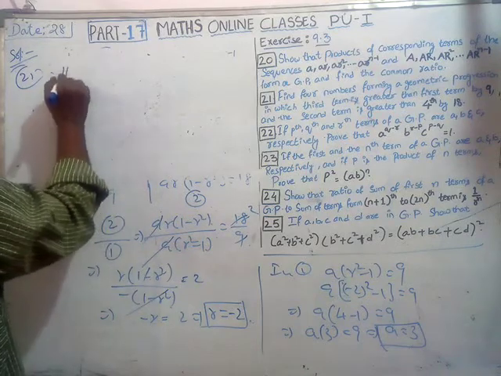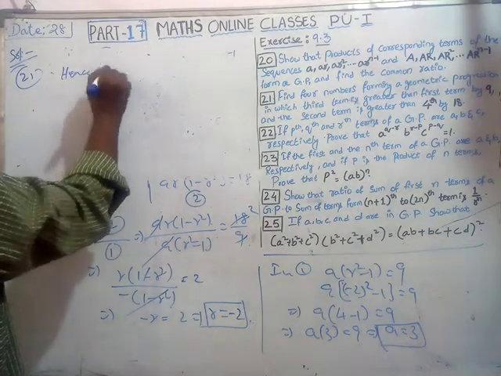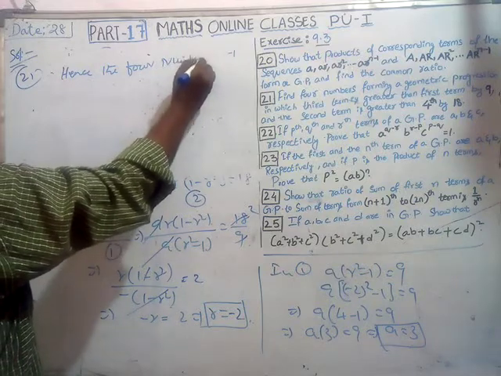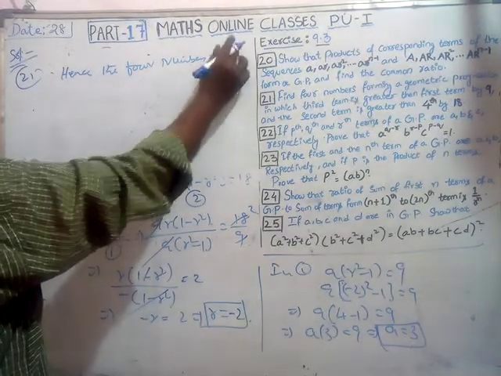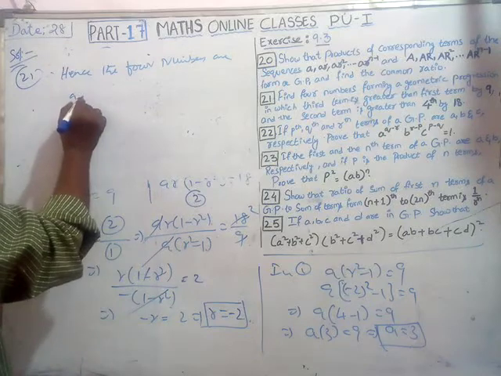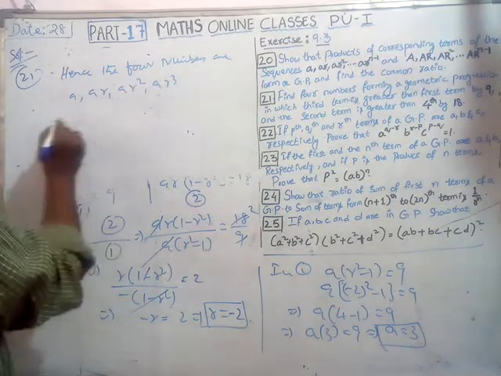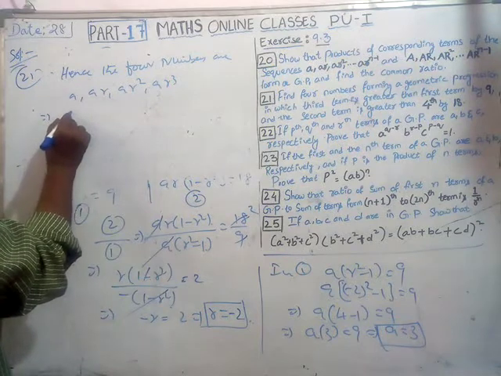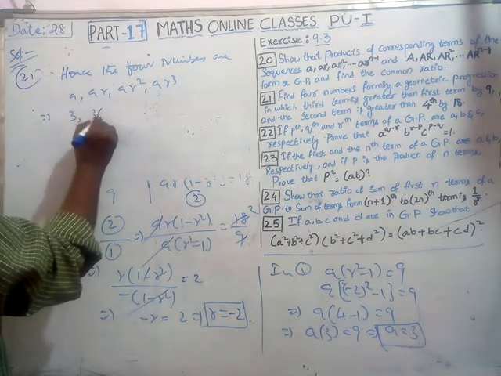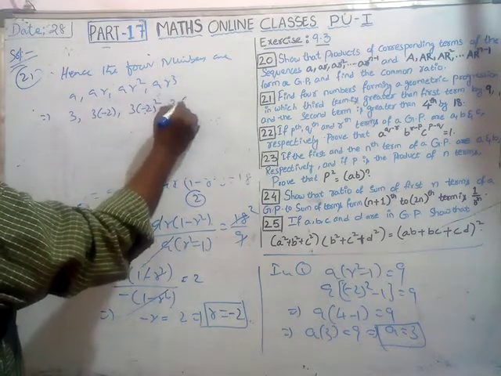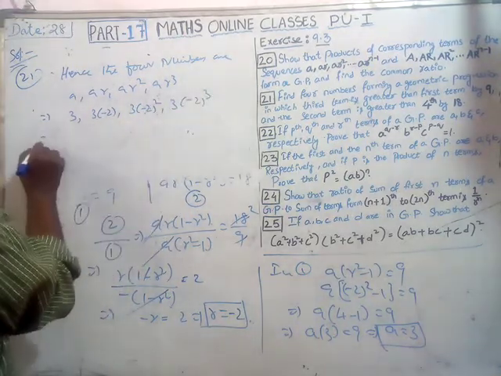Hence, the four numbers are a, ar, ar square, ar cube. That implies a is 3, 3 into minus 2, 3 into minus 2 square, 3 into minus 2 cube.